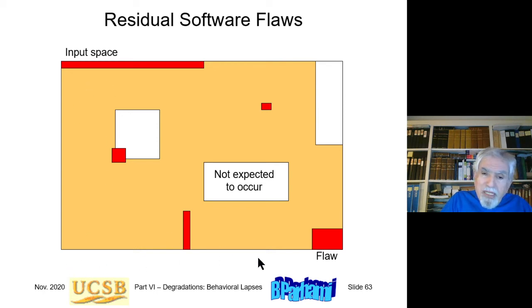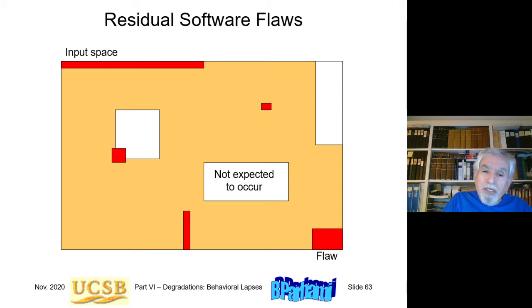Each time I give it an X input and a Y input, I put the software at this operational point, and this particular piece of software works perfectly for that point. On the other hand, if X and Y put me here, that's one of those hidden flaws, and the software will produce an incorrect output.